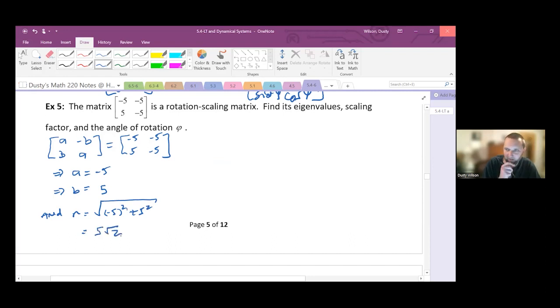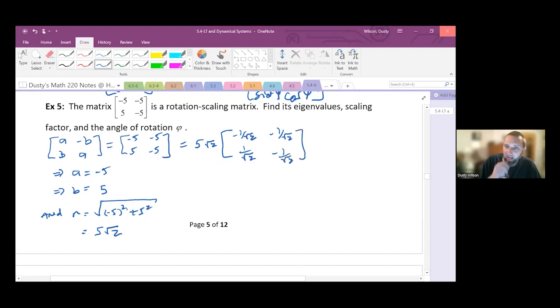So that'll be our scaling factor. And our matrix could now be written as 5 root 2 times the matrix -1 over root 2, -1 over root 2, 1 over root 2, -1 over root 2.